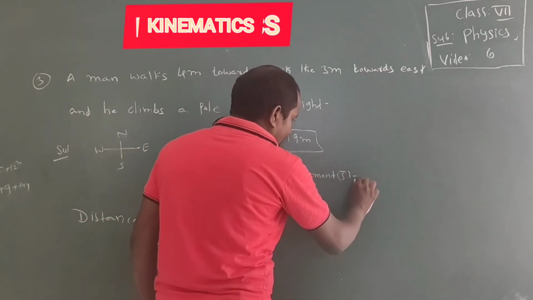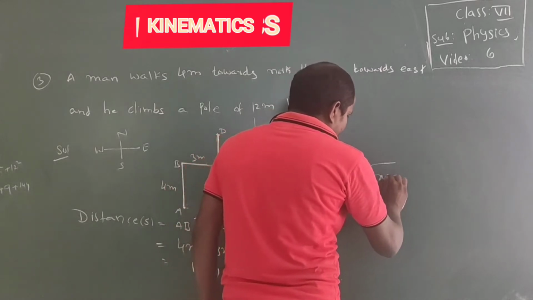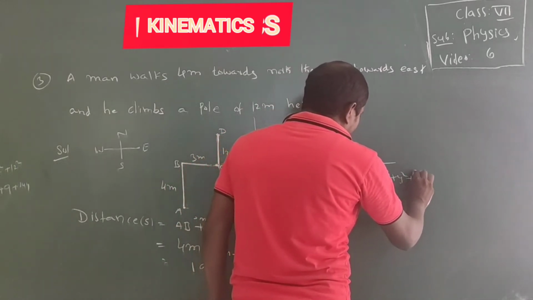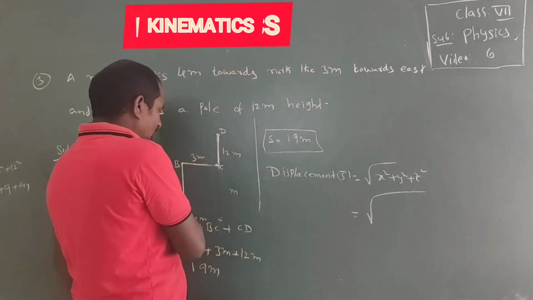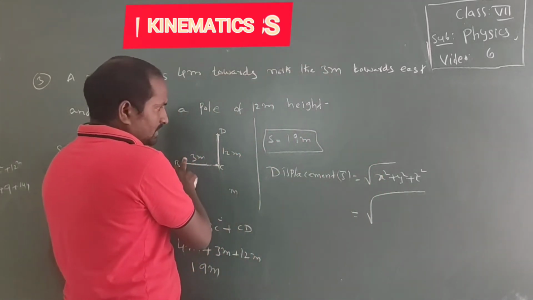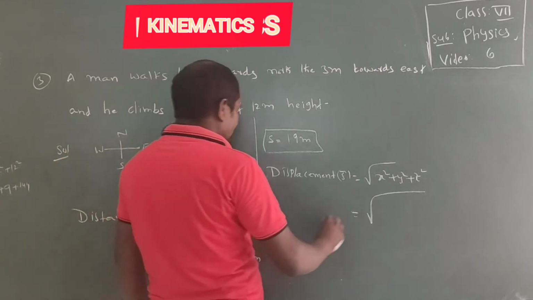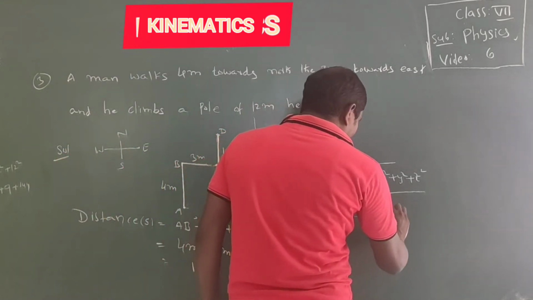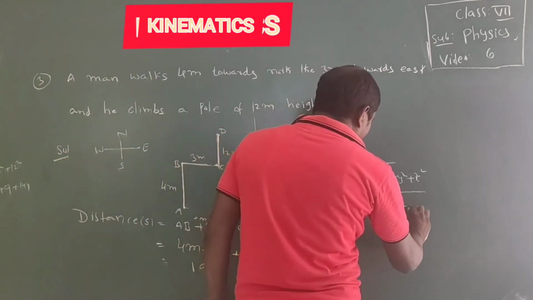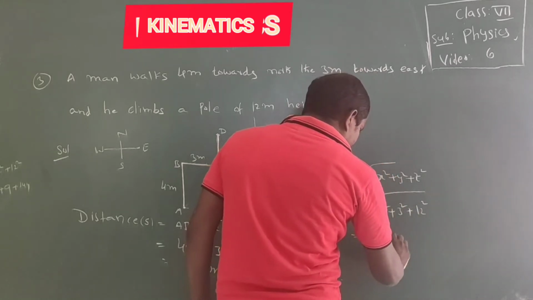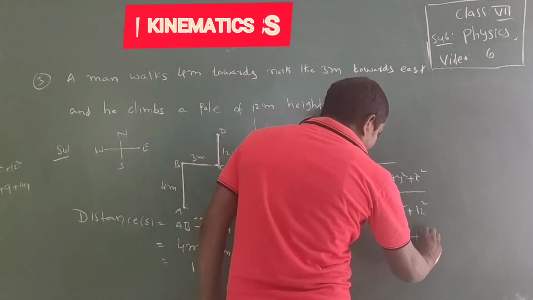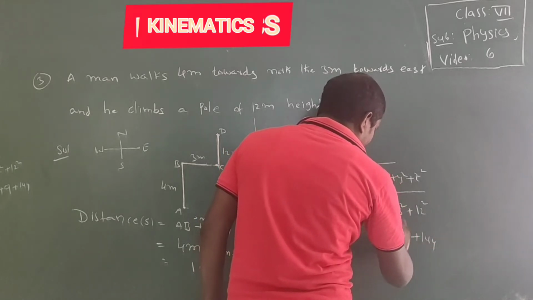S bar equals root of x square plus y square plus z square, where x is 4, y is 3, and z is 12. So that means 4 square plus 3 square plus 12 square, that is 16 plus 9 plus 144.